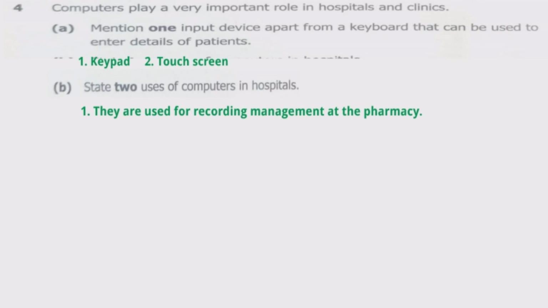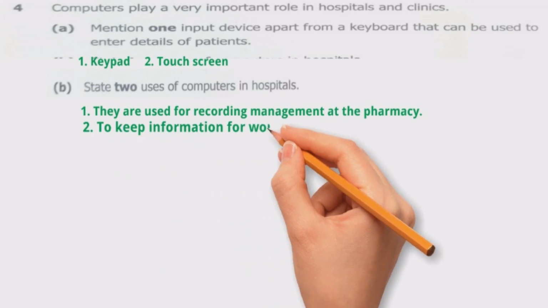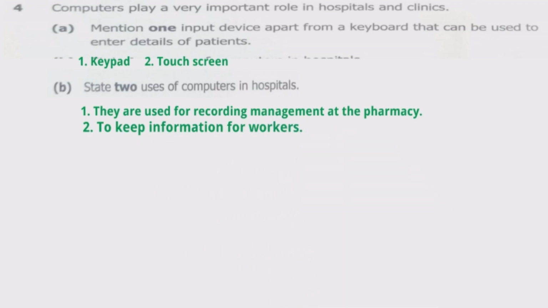The records at the pharmacy will be stored in the computer for easy access. The other one is to keep information for workers. We know nowadays that our information as workers is kept in the computer.